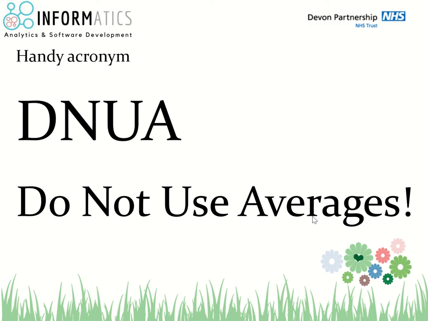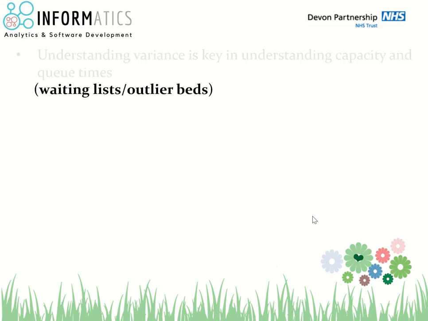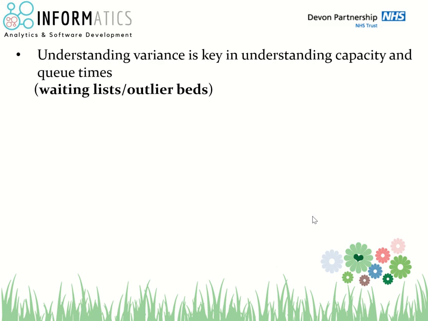We've got our average of 4 referrals coming in, therefore we need 4 slots to manage that. And hopefully my little dots flying around my PowerPoint show really clearly that this is so far from the truth, and it will go wrong. So do not use averages.